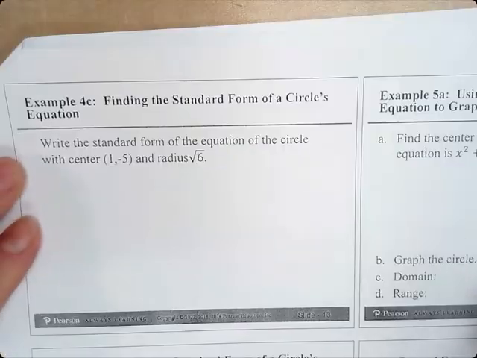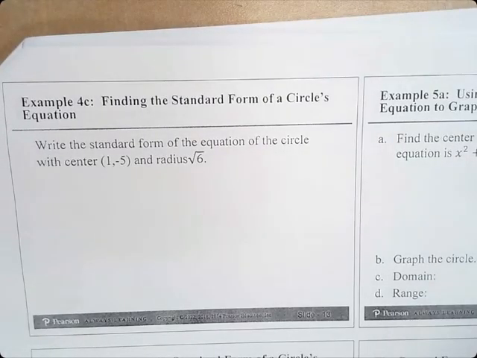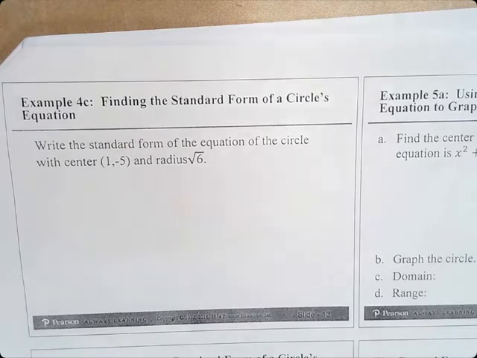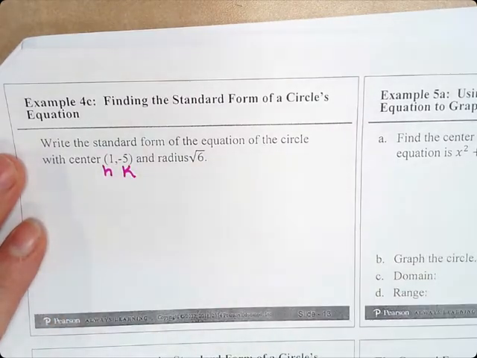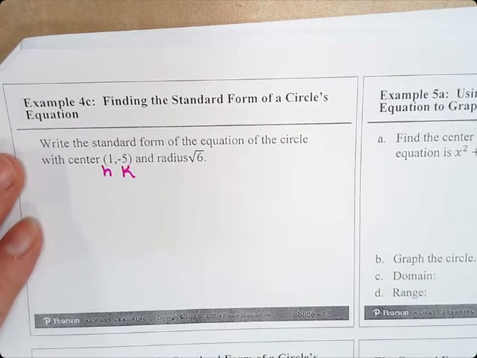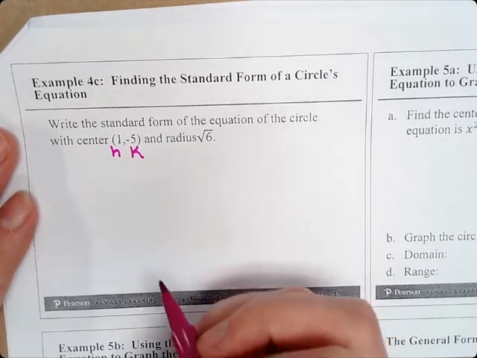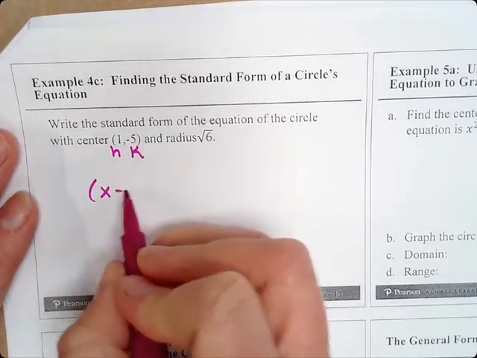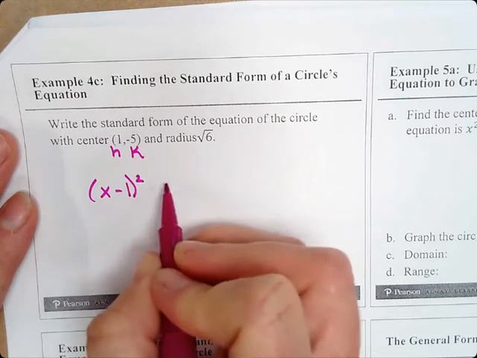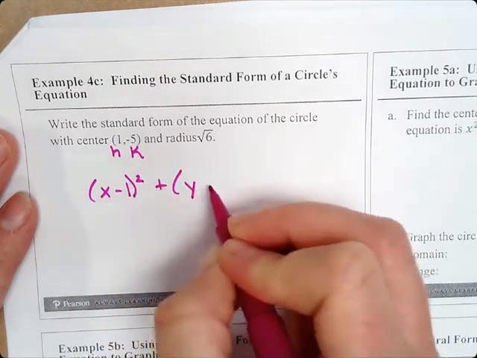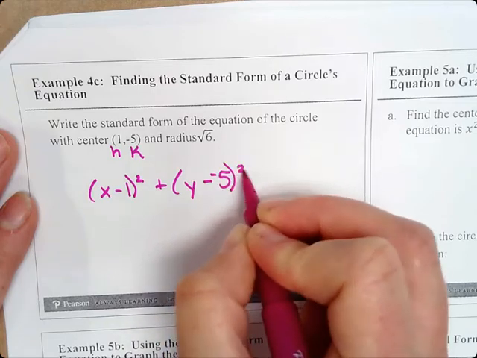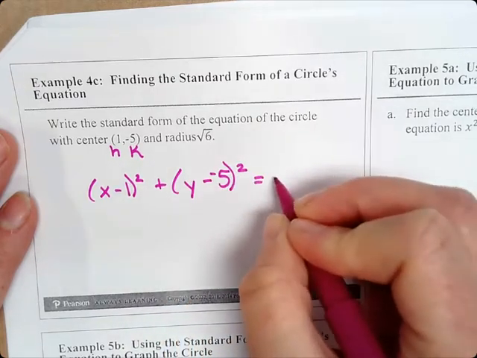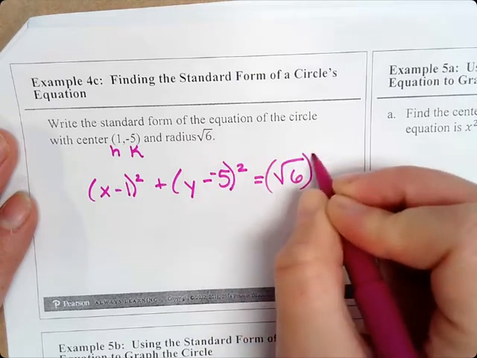Okay, let's look at the next one. Let's say the center is 1, -5, and our radius is exactly square root of 6. So let's identify our h and our k. Then plug it in. So it's x minus h, so (x minus 1) squared, plus y minus k, so y minus -5 squared, equals our radius squared.